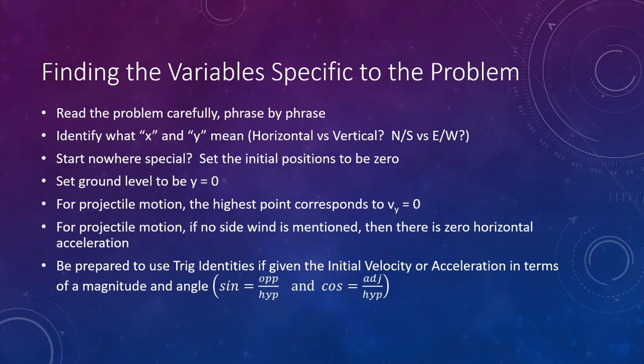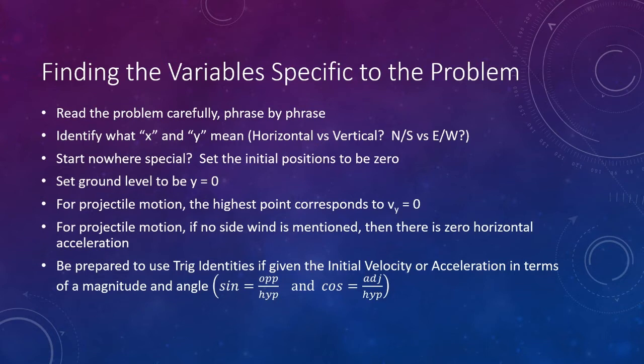It could be that x means horizontal and y means vertical, or let's say if you're moving a billiard ball across a table or a boat in the ocean, you could have a north-south movement versus east-west movement. But it's important to identify what x and y mean, because I can't tell you how many times I've run across a student who suddenly says that someone going north and south is also being pulled south with the acceleration due to gravity. So just always be sure you know what x and y mean for the problem.